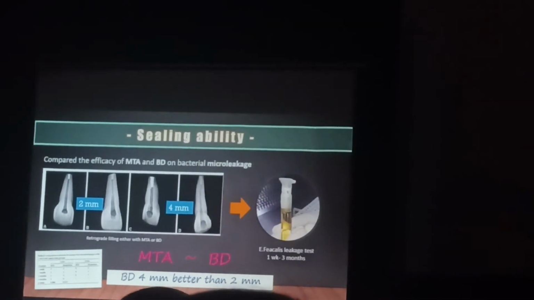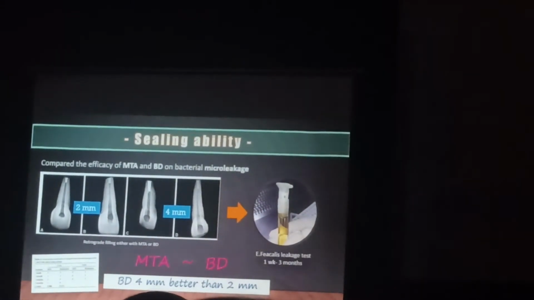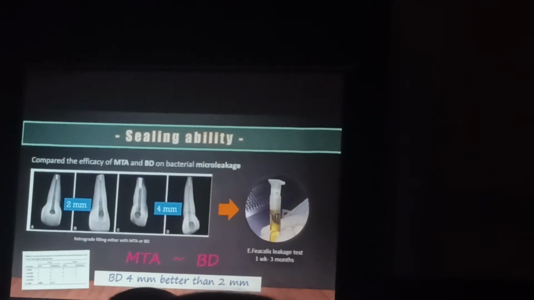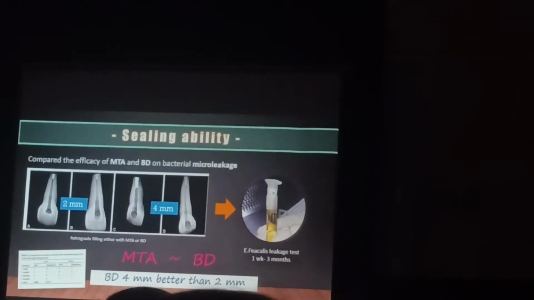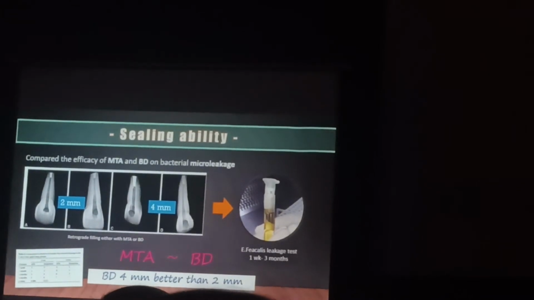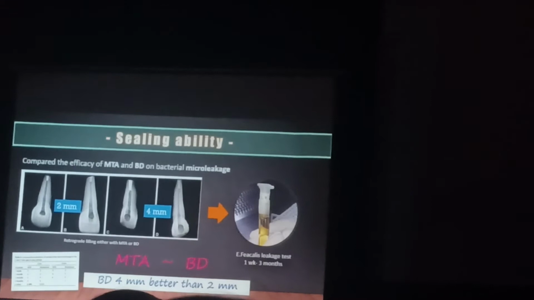From this study, they found that MTA and Biodentine can provide similar results. And if you want to use Biodentine, it is recommended from this paper that 4 millimeters of thickness is better than 2 millimeters.